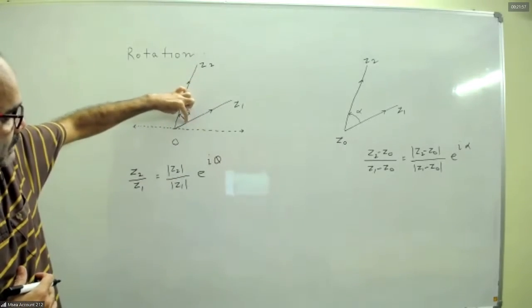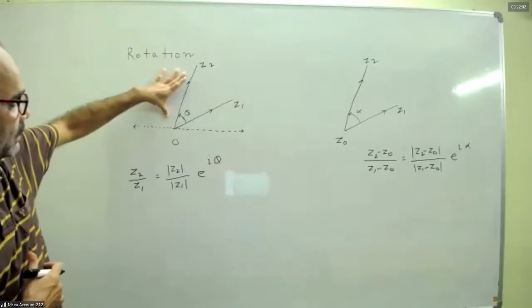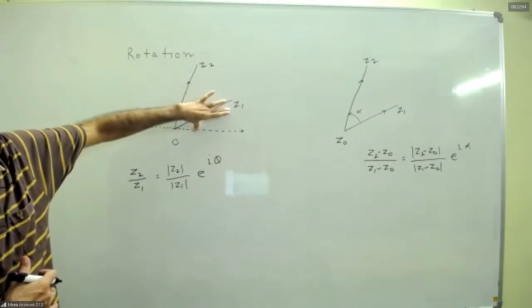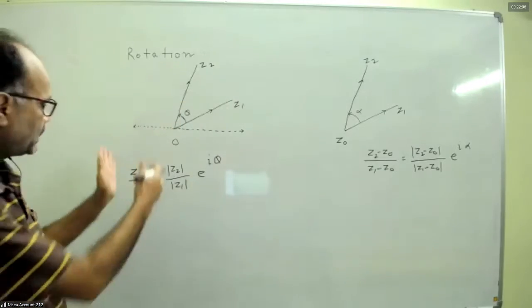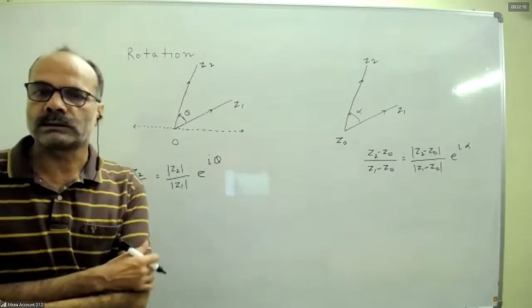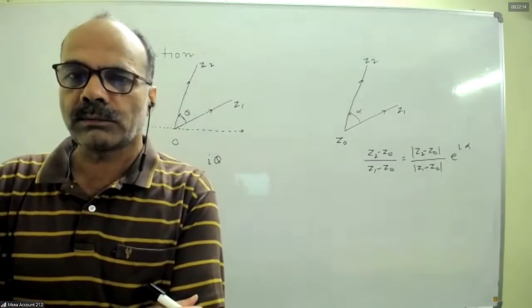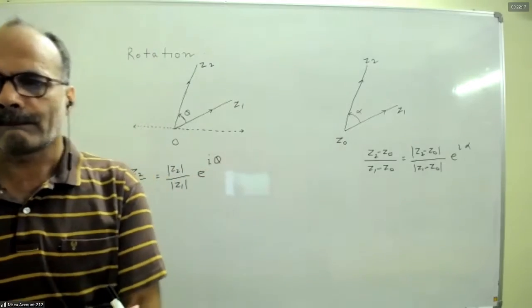We have started from here, so this vector is the initial vector. It's final vector by initial vector equal to, after that, mod of the final vector by mod of the initial vector into e to the power I times that angle through which we have rotated. Okay.